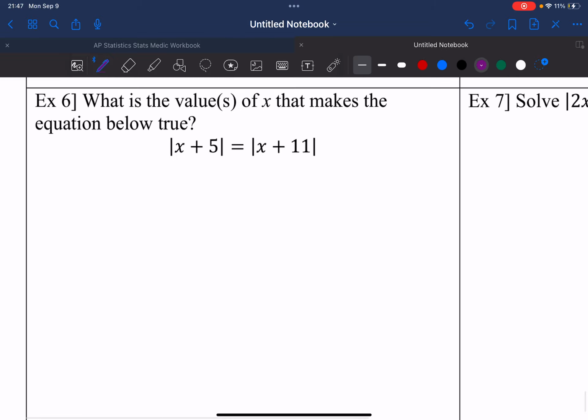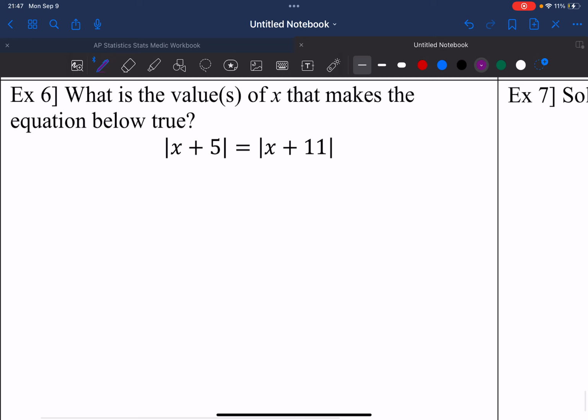Now let's look at examples where we have an absolute value equal to another absolute value. When you have this happen, you are going to choose one of them to be your absolute value. Okay, so I'm just choosing this one. Now that I've noticed my absolute value is isolated, I'm going to do the exact same thing and split it into two equations.